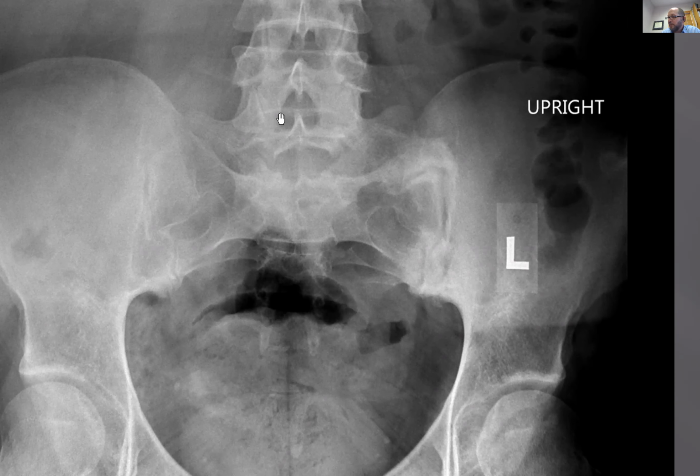So just a reminder: transitional segments with unilateral accessory articulations definitely cause biomechanical changes across the SI joints. And those changes can mimic a pretty significant pathology. This could be infection. This could be a seronegative spondyloarthropathy. This could be a lot of different things. But all it is is stress-related sclerosis.